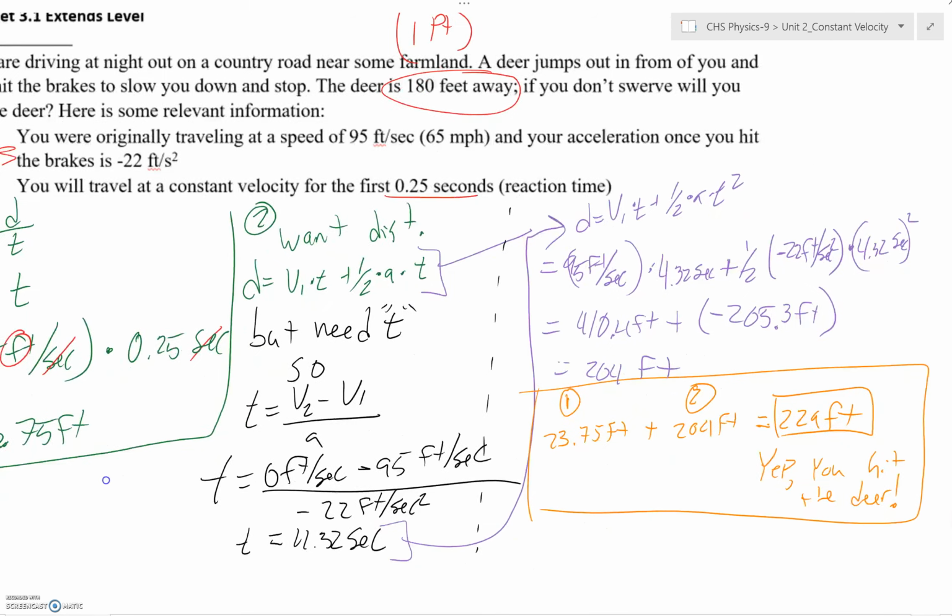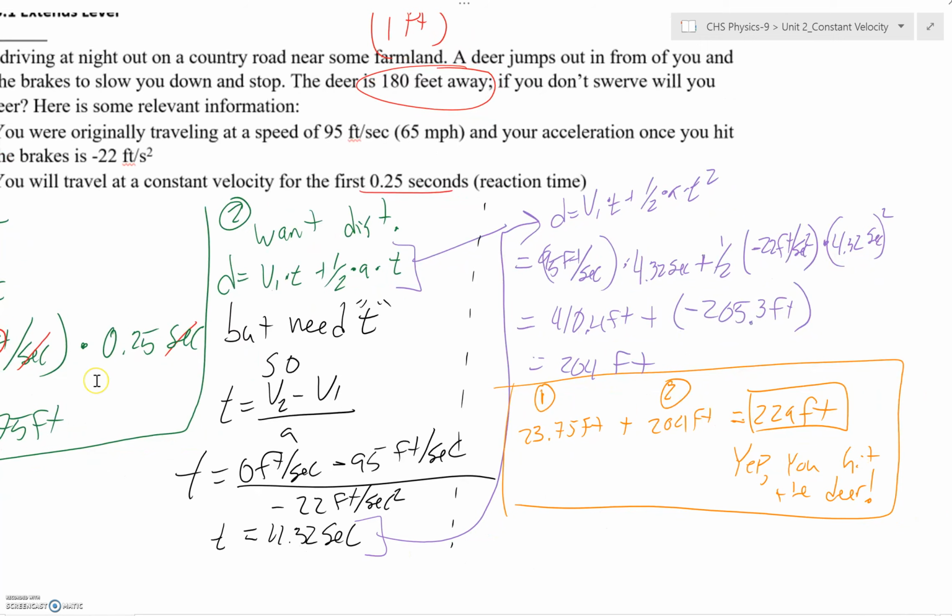All right, and then we got our second part, which is when your foot is now on the brake, your car is now slowing down, and we want distance and acceleration. So we want this equation here, d equals v1 times t plus 1/2 at squared. But we still need the time. So we use this familiar equation here, v2 minus v1 over a, substitute in, and we find out that it's going to be 4.32 seconds for you to slow down and stop.